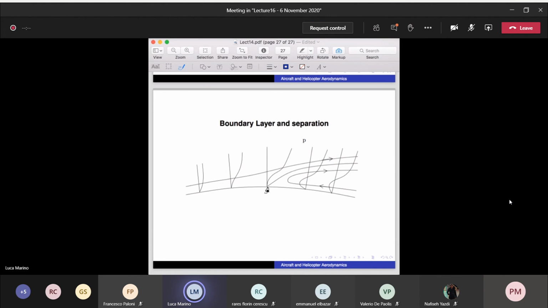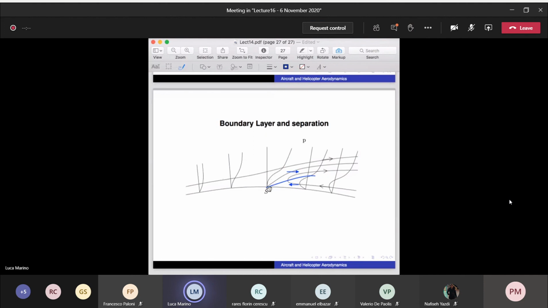And so after the separation, you will have a bubble, because you have a region where, here, let me plot in such a way, the direction of the velocity is inside, reported here. Out here, the velocity is in the opposite direction.